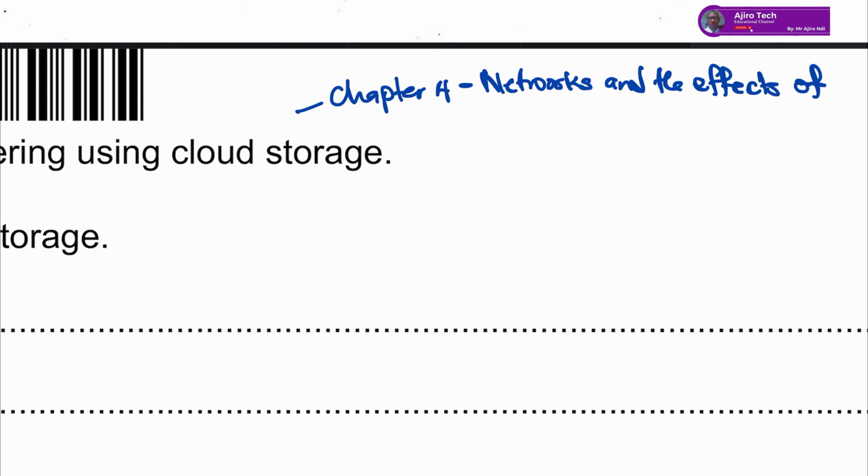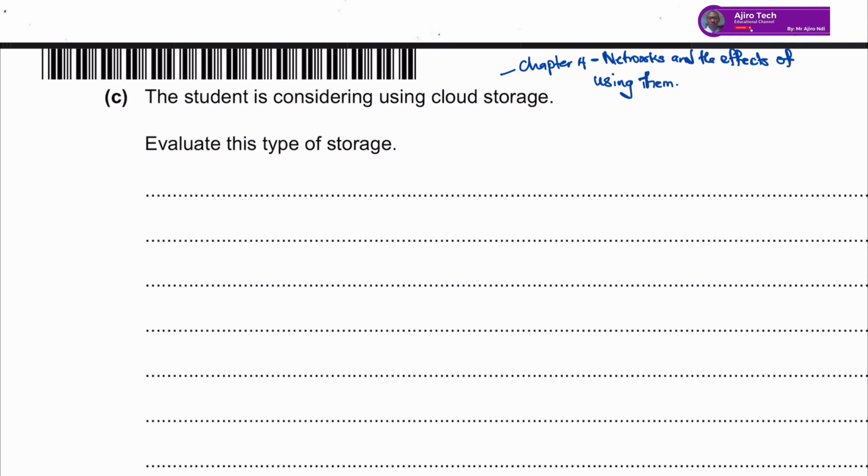So let's look at this. They say evaluate this type of storage. So how do we evaluate this type of storage? Now let's look at this. When we talk about the word evaluate, let's talk about the command words. Command words are very important when it comes to IGCSE ICT.